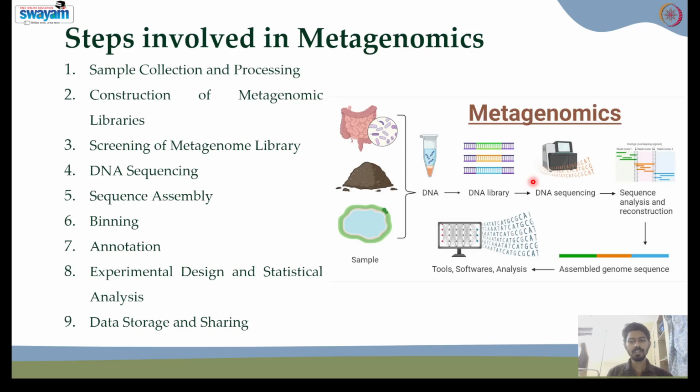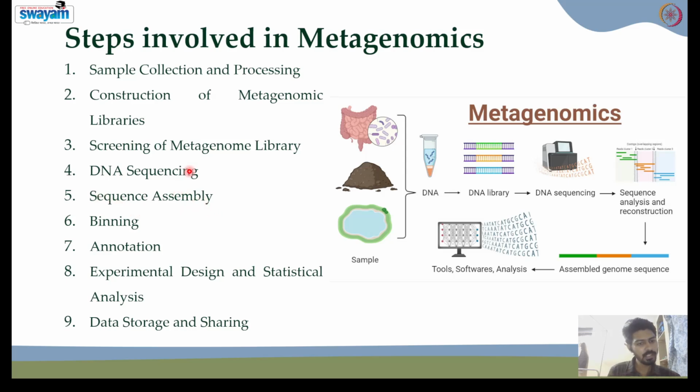By using different tools and techniques, we will be screening these metagenomic libraries. The next step is sequencing the DNA using next generation sequencing or Sanger sequencing. Once we have sequenced the DNA, we go to the next step, which is sequence assembly.